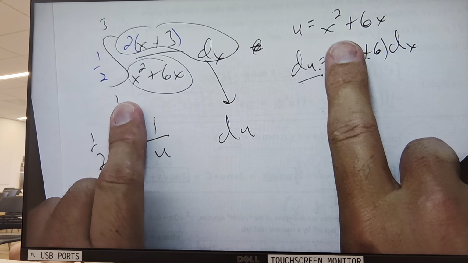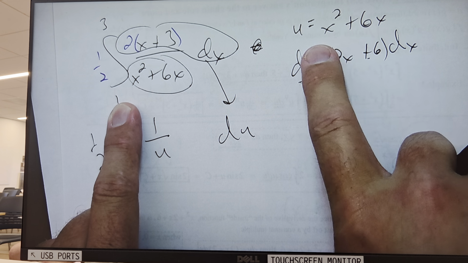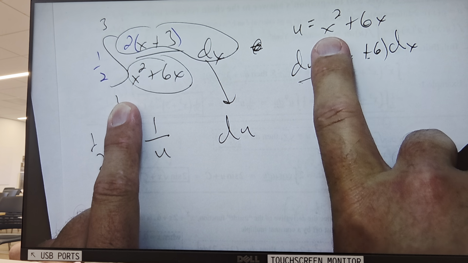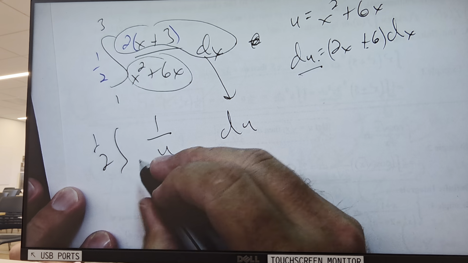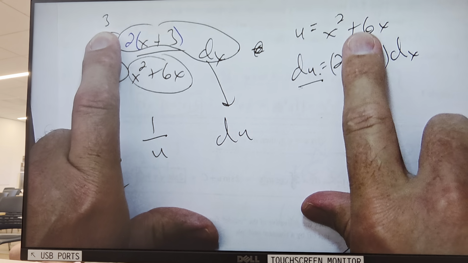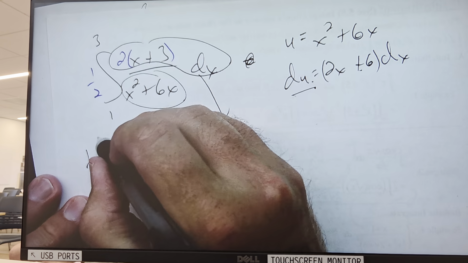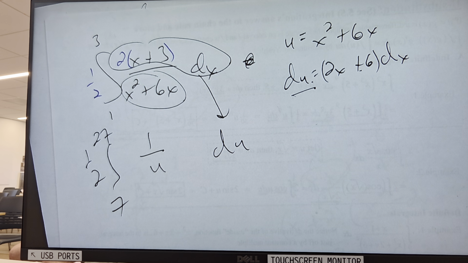So when x is 1, what's u? 7. When x is 3, what's u? 27. And now is that integral stupid easy? Yes. What's the integral of 1 over u?